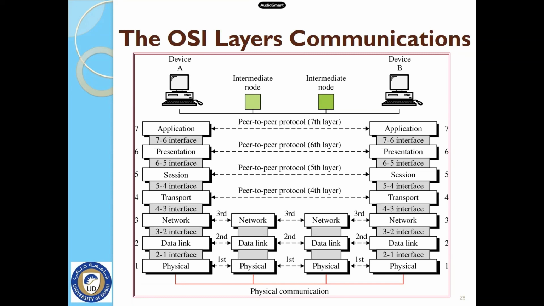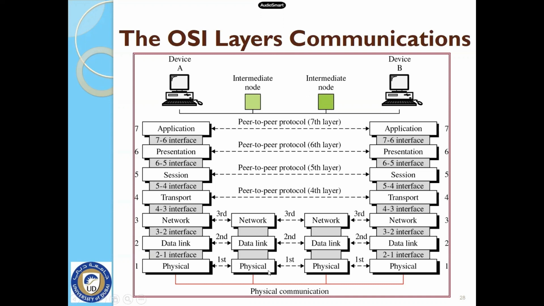But what if you have to use the internet? So all of these things will happen here. At the application, there will be some certain interface between the application and the presentation layer. Then it goes to the session layer, transport layer. Once you go to the network layer, data link and physical, it will go through this node, and this node consists only of these layers: network, data link, and physical.